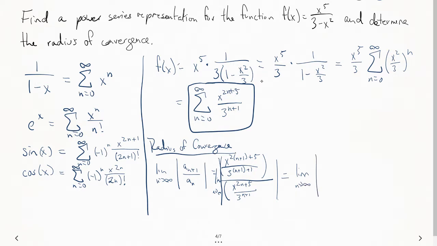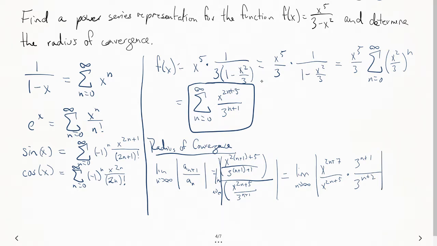So in this thing, the limit as n goes to infinity, what happens? Well, we get x to the 2n plus 2 plus 5, so that would be x to the 2n plus 7 over x to the 2n plus 5, times 3 to the n plus 1 up in the numerator and 3 to the n plus 2 in the denominator.